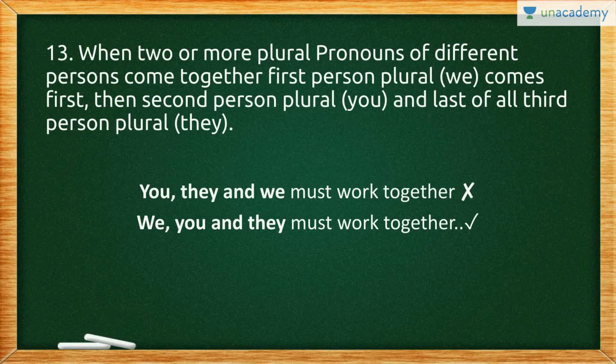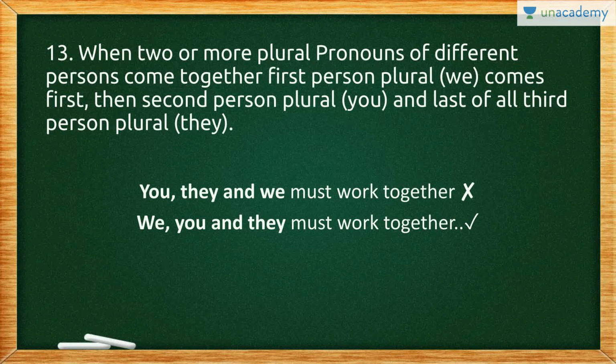Now, the next rule states that when two or more plural pronouns of different persons come together, first person plural comes first, second person plural, and the last of all, third person plural.